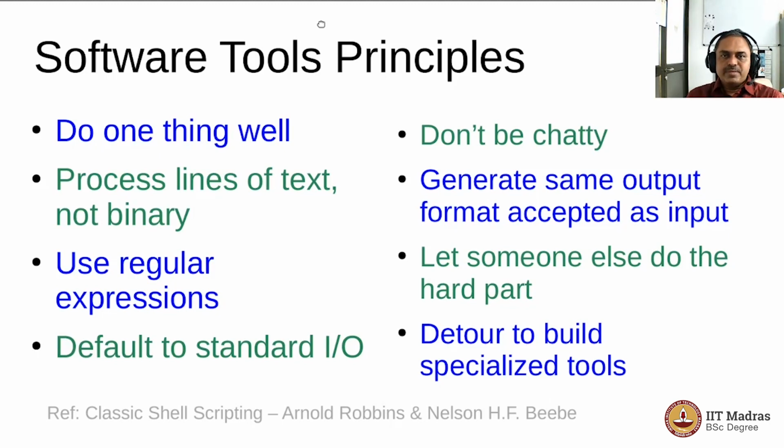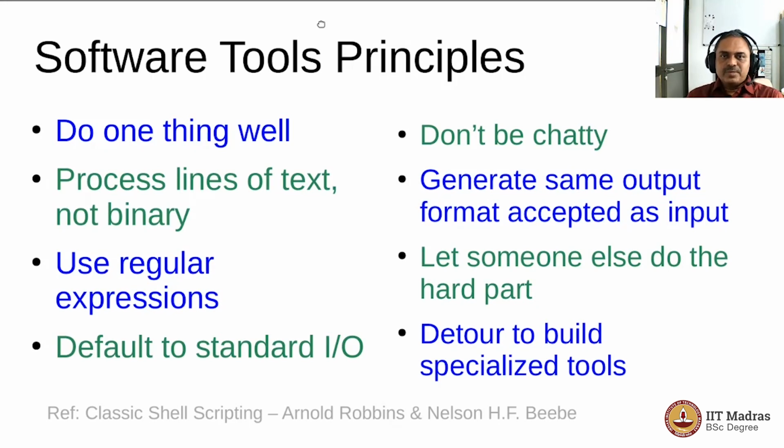Regular expressions are encouraged so that the scripts we write are applicable to a wide variety of input text. Any output should be given to the standard output, and any input can be read from the standard input, so that these commands can be used along with pipe to combine with other functions.